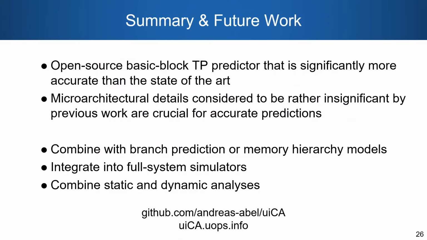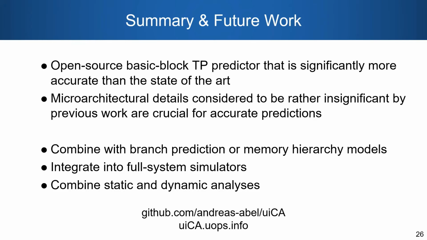To summarize, we have seen a new open source basic block throughput predictor for recent Intel CPUs that is significantly more accurate than the state of the art. We have shown that microarchitectural details that were considered to be rather insignificant by previous work are in fact important for accurate predictions. There are several possibilities of how our work could be extended in the future.